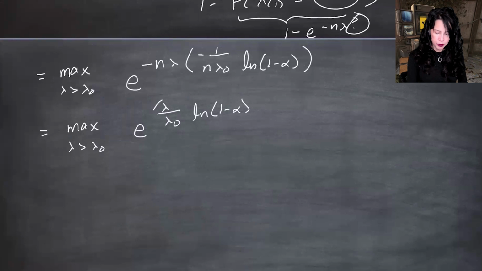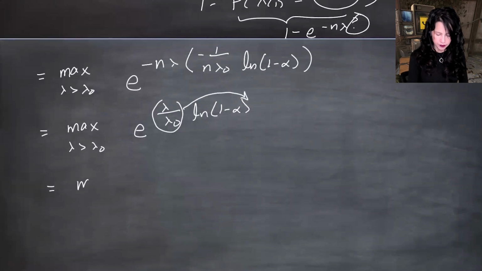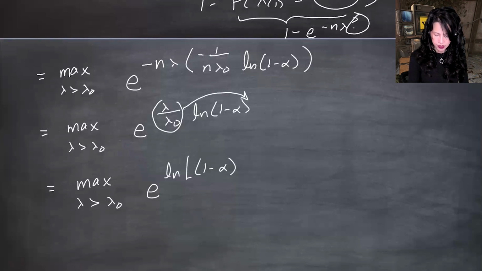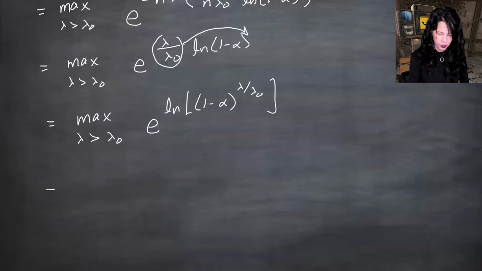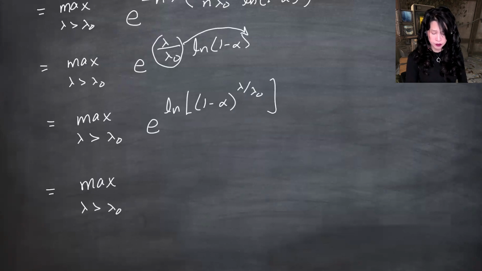But remember, we can pull this up as an exponent on the 1 minus alpha. So this is the max over lambda greater than lambda naught of e to the log of 1 minus alpha to the lambda over lambda naught, which is the maximum over lambda greater than lambda naught of 1 minus alpha to the power lambda over lambda naught.